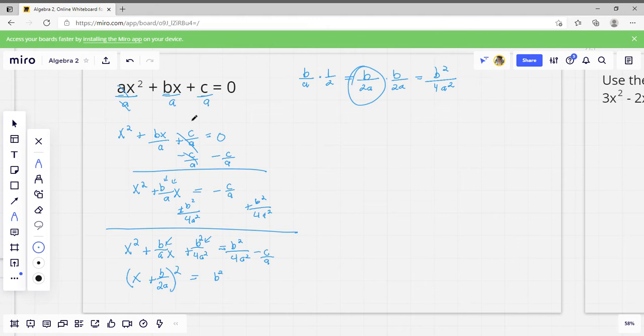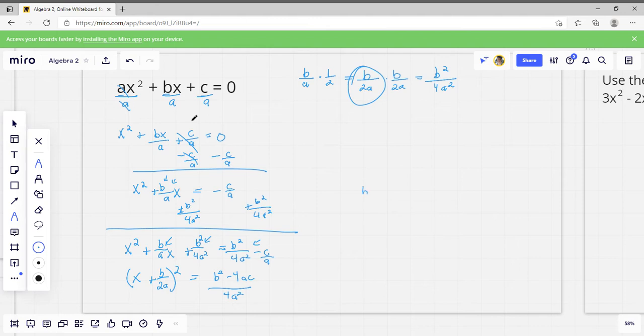All right, so that equals b squared minus 4ac over 4a squared. So I just put these together, right?